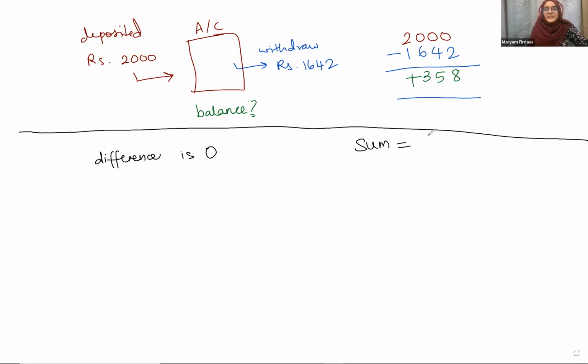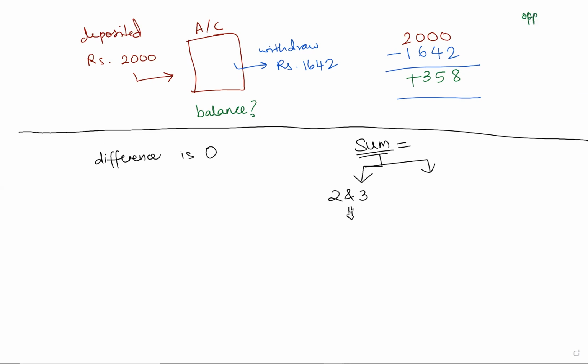Okay. Let me just give you a few examples of this. The sum of 2 and 3 is what, Hiba? What is the sum of 2 and 3? 5.